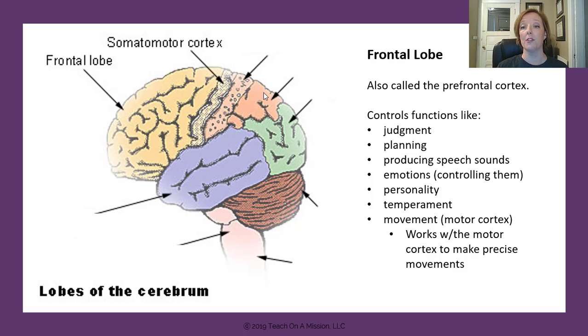It is also responsible for producing speech sounds, controlling emotions, your personality, your temperament, which is a little bit different than your personality. It is responsible for movement because in the frontal cortex at the back is found the motor cortex or the somatomotor cortex. And what this does is it works with the motor cortex to make precise movements. So your frontal lobe and your somatomotor cortex are going to work together.